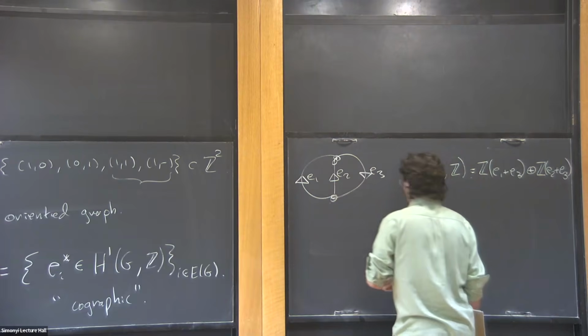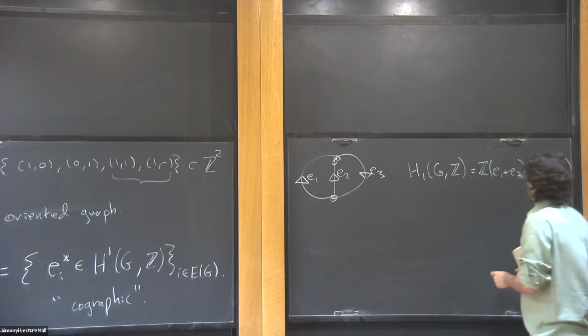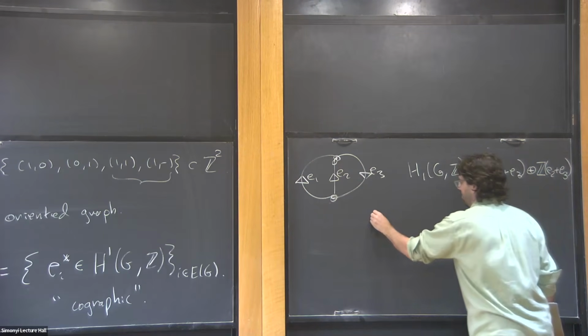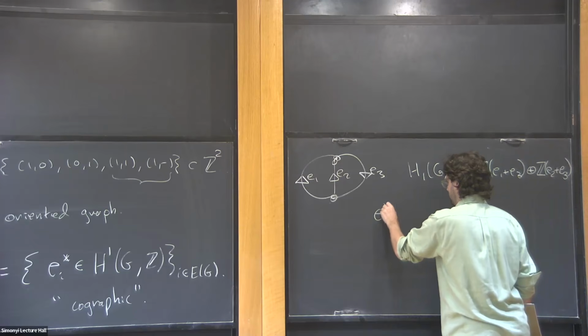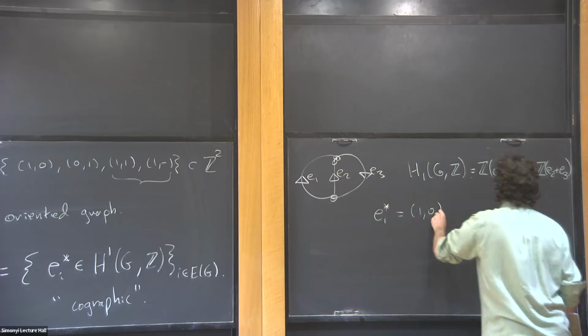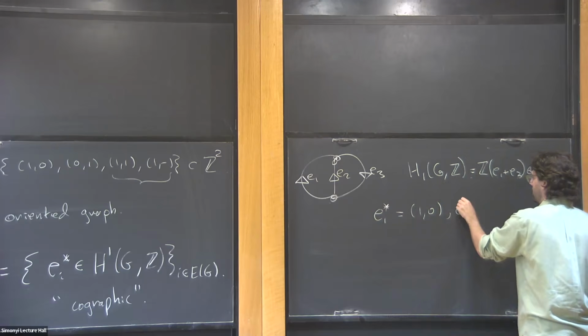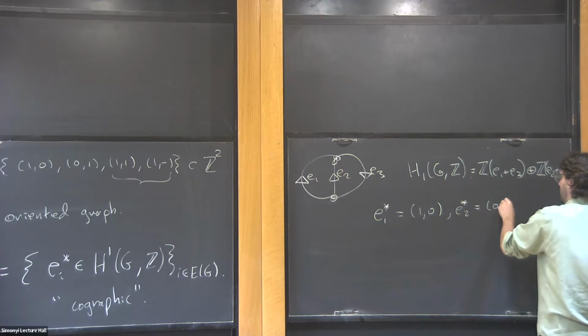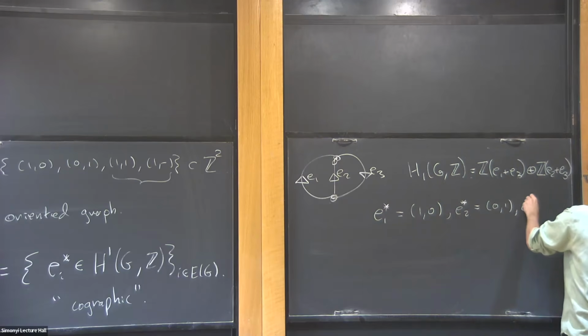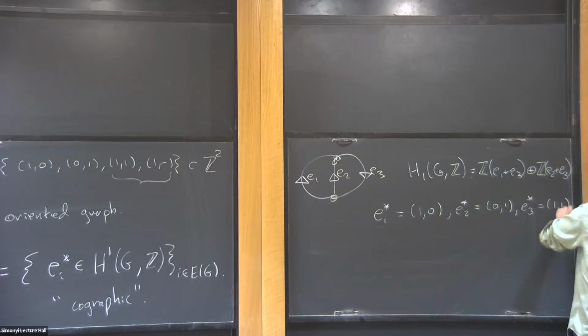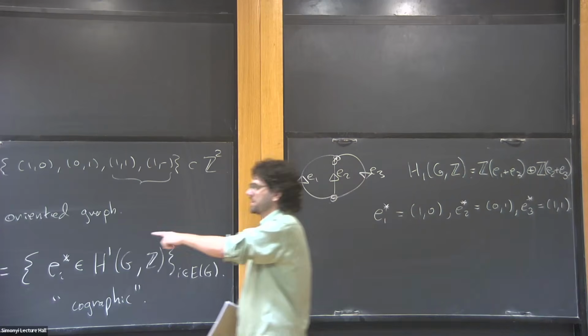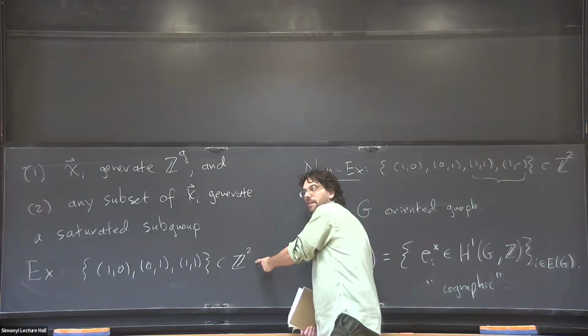And so if we look at the set E1 dual, E2 dual, E3 dual, E1 dual is (1,0) because it extracts the E1 coefficient, right? E2 dual is (0,1), and E3 dual is (1,1). So we see that, in fact, our first example is an example of a cographic matroid.